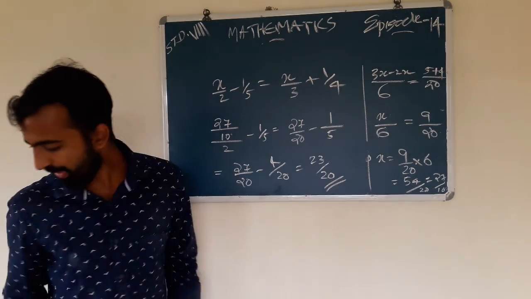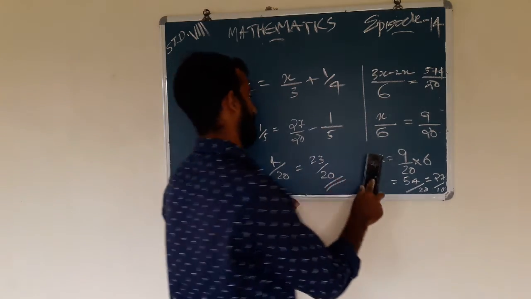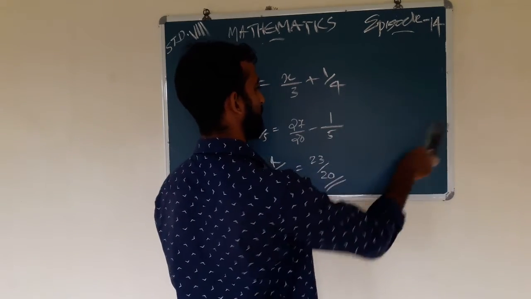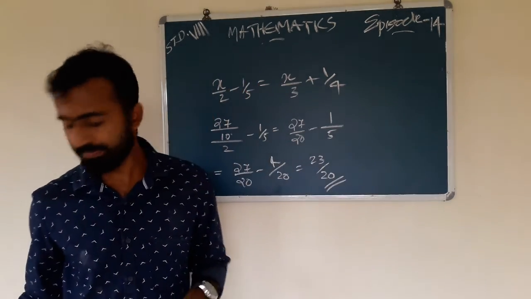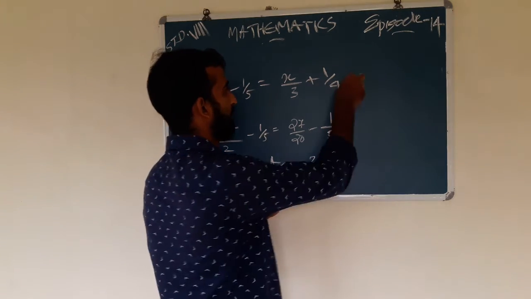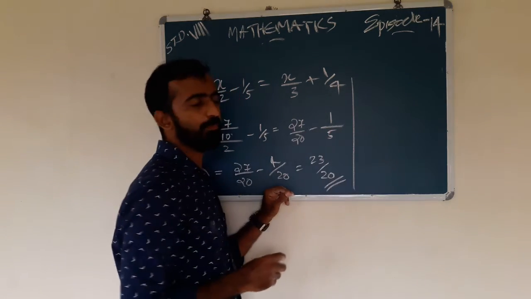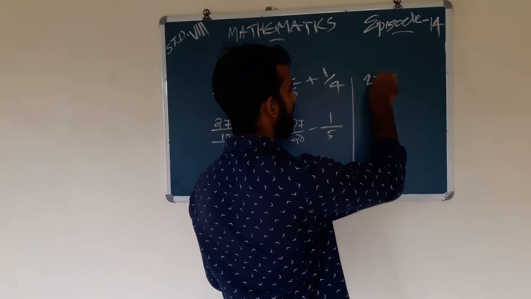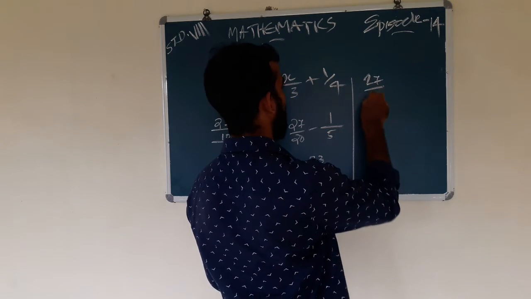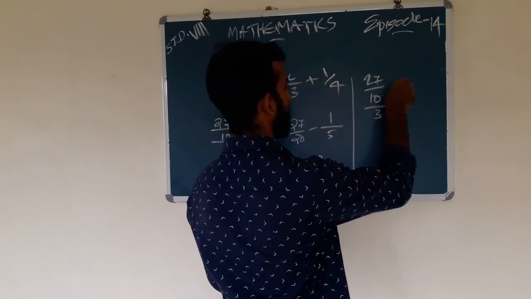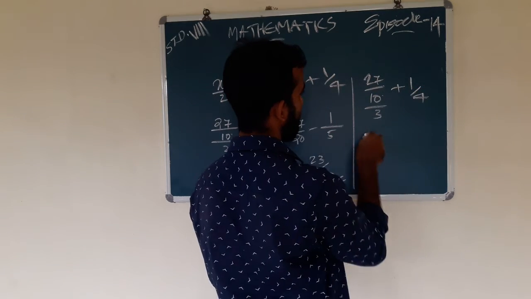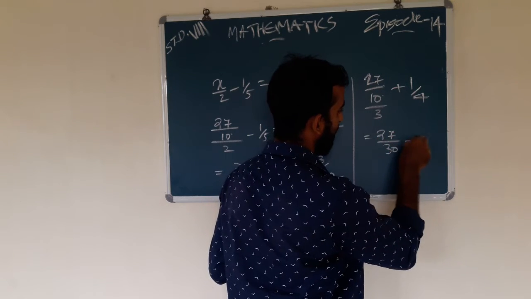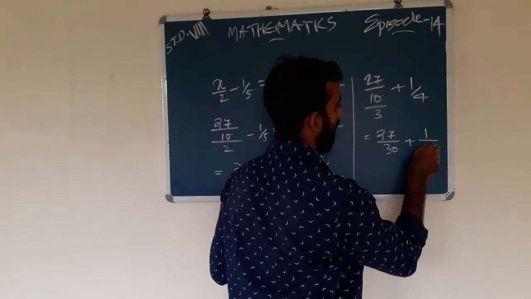What is our RHS? That is x by 3 plus 1 by 4. Our x is 27 by 10, so 27 by 30 plus 1 by 4.